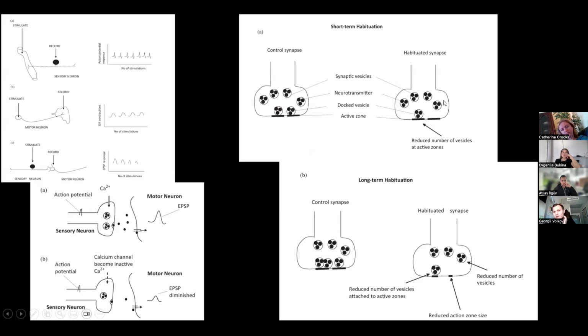Here, besides the lack of vesicles, you can also see that the active zone size reduces over time, and you can see this by performing, for example, electron microscopy slices and imaging of these synapses. And again, as in short-term habituation, a reduced number of vesicles attached to the active zones occurs, and a reduced number of vesicles in the axon terminal. So these are the molecular and circuitry mechanisms of habituation.